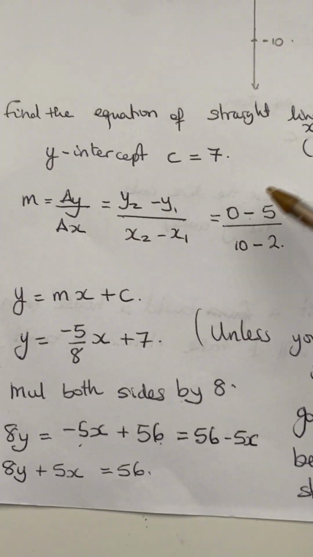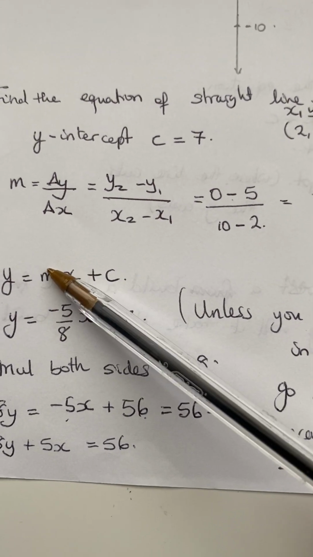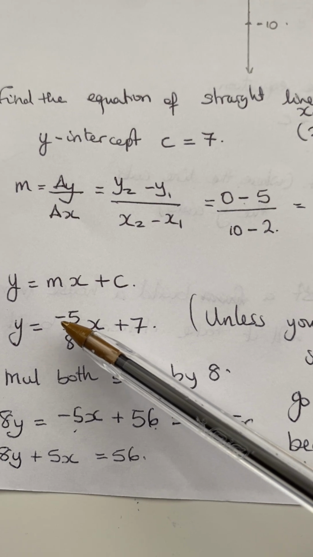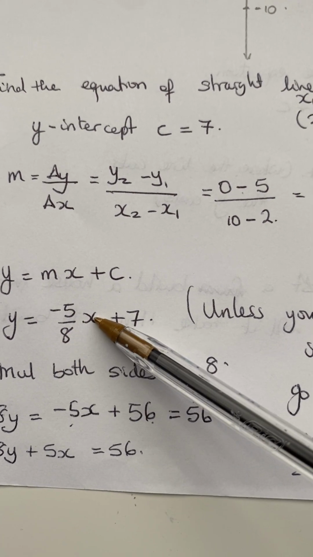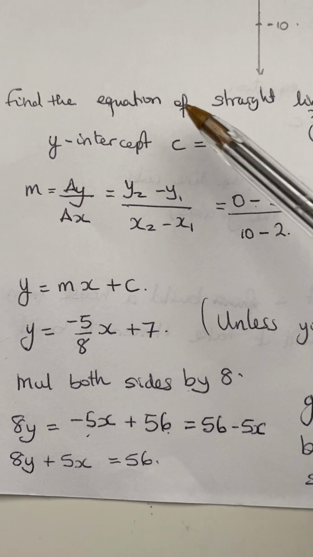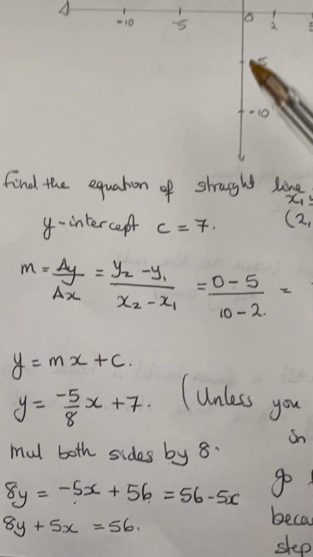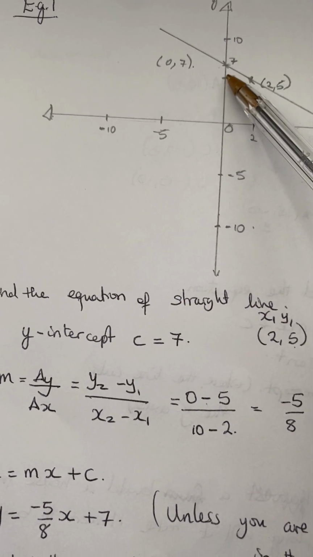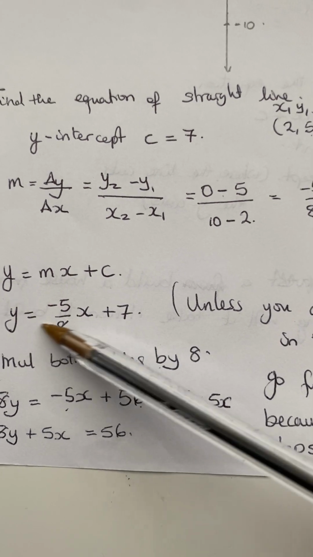So if we substitute minus 5 divided by 8 in place of m, we are going to have minus 5 divided by 8x plus 7, because our y-intercept c is 7, as we can see here. So we can leave our answer as this.